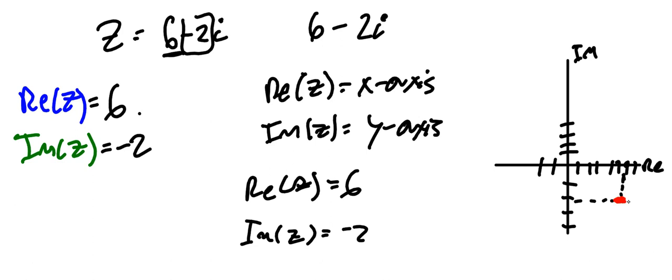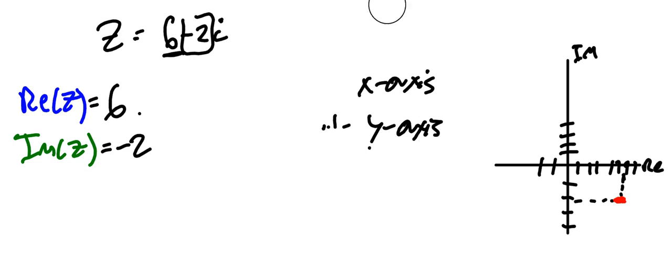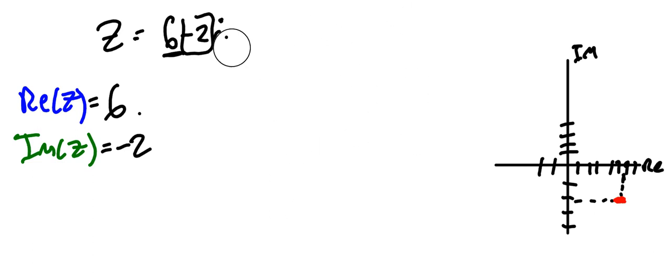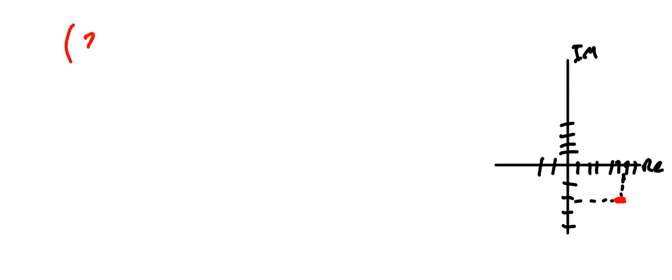Now, I want to stress something real quick. Multiplying by i is going to be way more obvious when we look at the graph. But let's say we had to expand something like 3 plus 2i times 4 minus 3i.